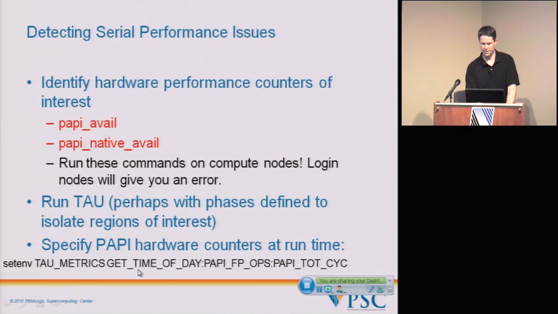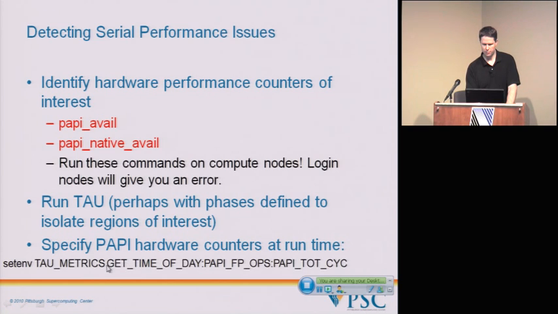All machines have get time of day, which is just a general timer. I think there's one called Linux timers if you're running on a Linux machine, which is supposed to be a finer resolution clock. You separate those by colons. So we've got get time of day, and then we've got the floating point operations and the total cycles defined through the standard PAPI interface.